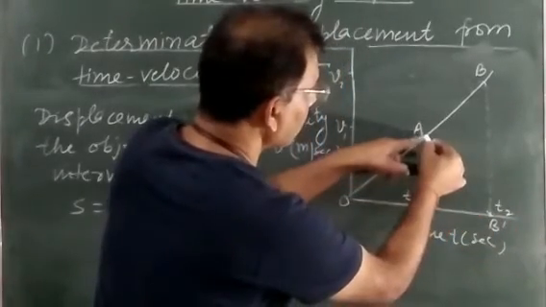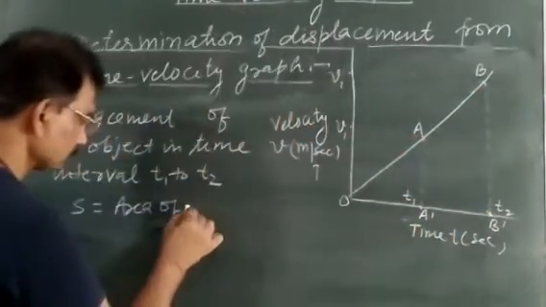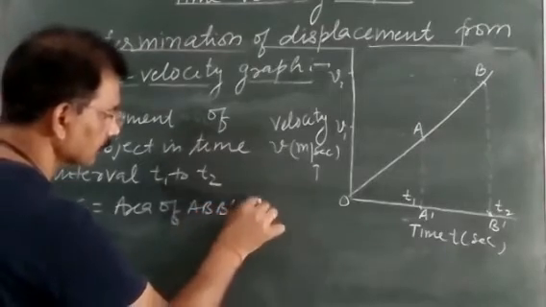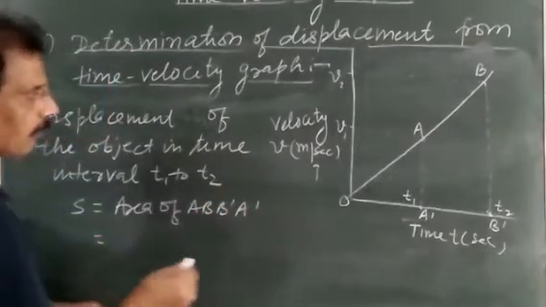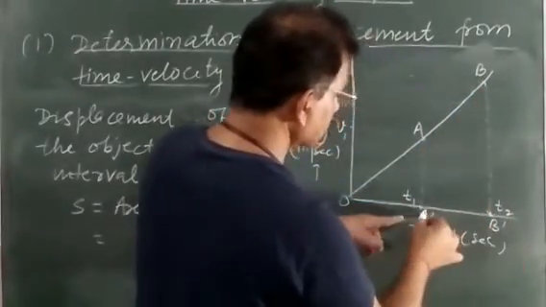So you can say area of A, B, B dash, A dash.